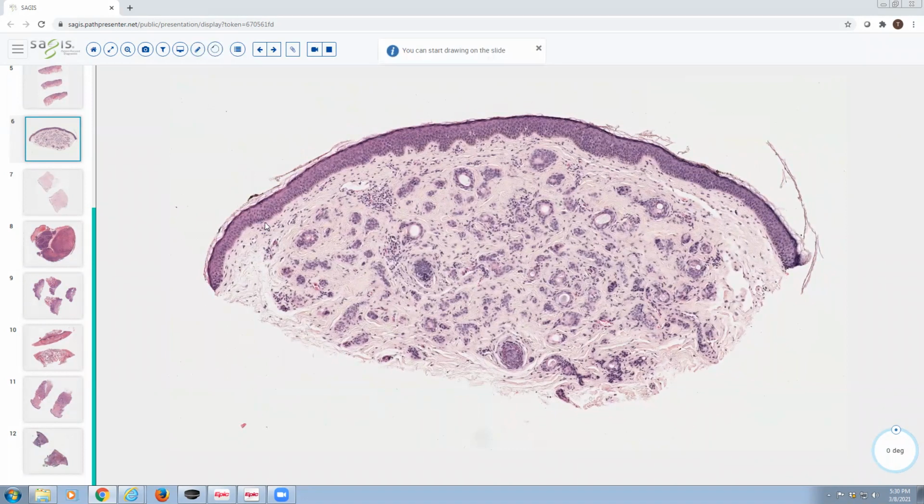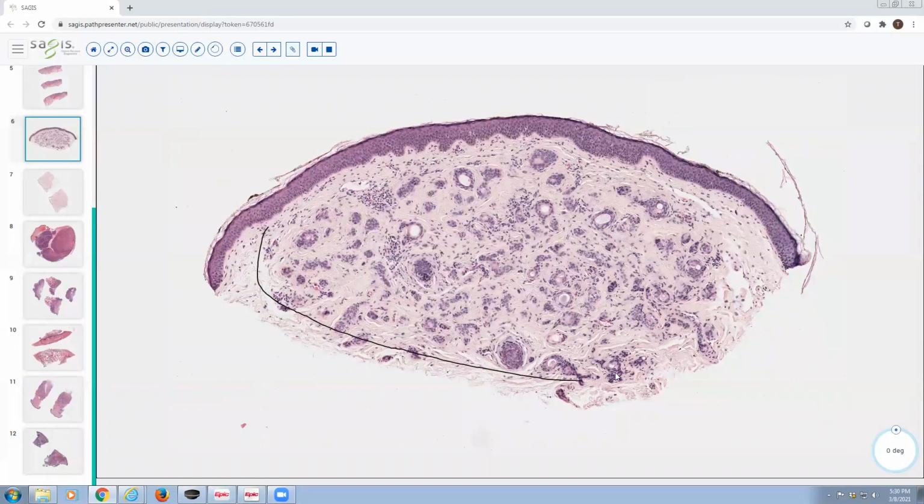So just like we did with our other neoplasms, we want to start on scanning magnification by getting a sense of how large is the lesion, how deep does it extend, and then how sharply circumscribed is it. And generally speaking, for benign neoplasms, sharp circumscription is the architecture. So I'm seeing this sharply circumscribed neoplasm.